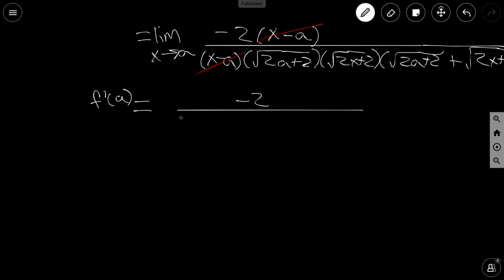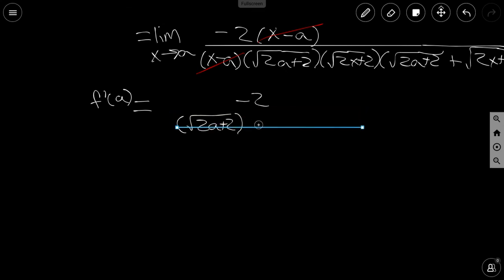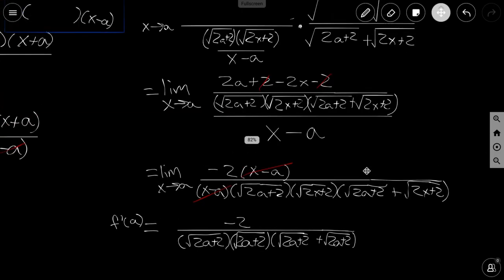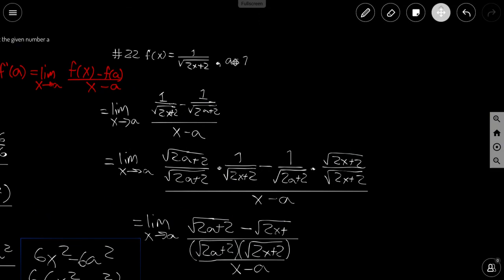So that will give me, and then it's given that a is 1. Yeah, a is 1.